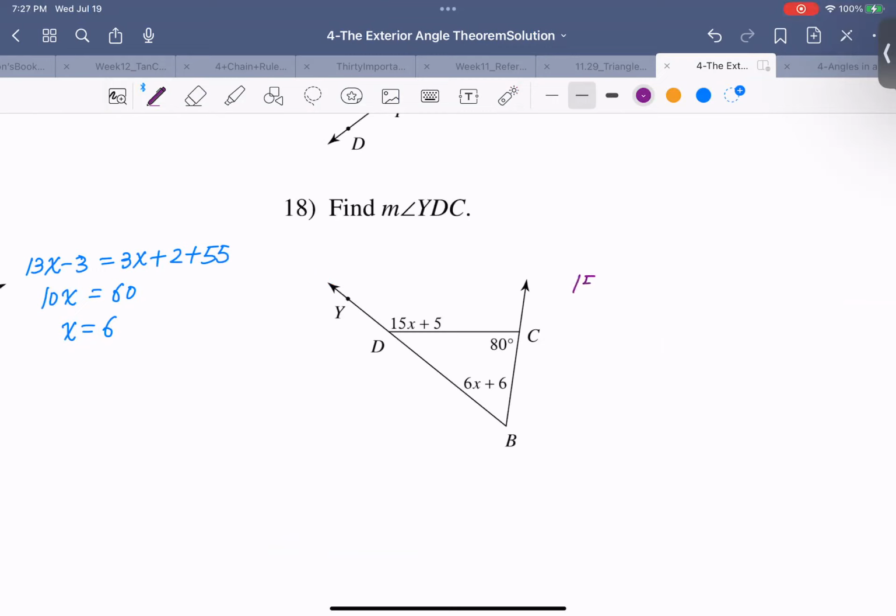So that means this 15x plus 5, this is called the exterior angle. It's going to equal the other two non-adjacent angles' summation, right? That makes sense? Yes. Let's go ahead and solve it. The left side copy down, the right side combine will be 86 plus 6x.